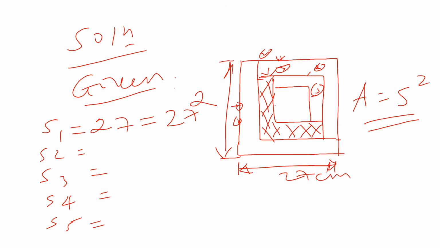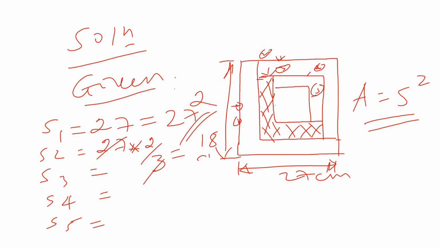This is the general formula to calculate the area of a square. The area of square 1 is 27 squared. For square 2, the side is 27 times 2/3. That means 27 divided by 3 is 9, and 9 times 2 is 18.